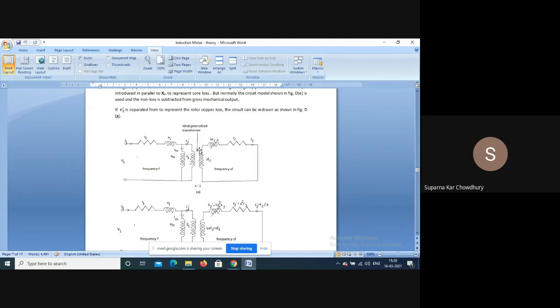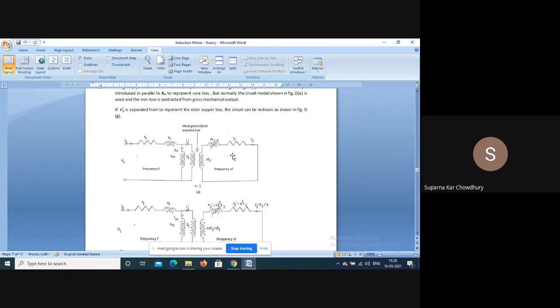Ideal transformer means here we do not consider any loss or leakage. But I have written it as a generalized transformer. That is because this stator circuit and this rotor circuit are at different frequencies. So not only the voltage level and current level in these two circuits are different, but also the frequency. So this is called a generalized transformer, and this is the lumped rotor parameters.